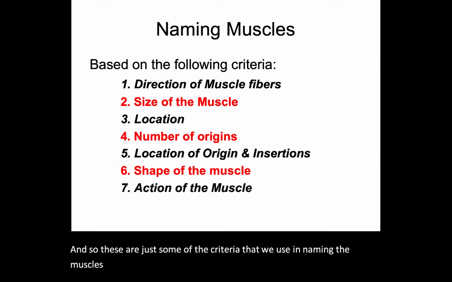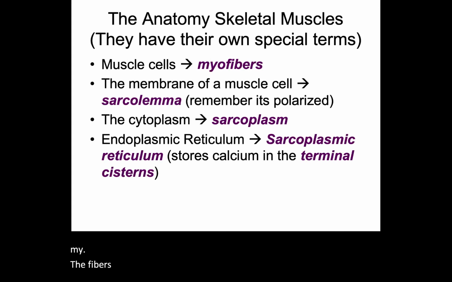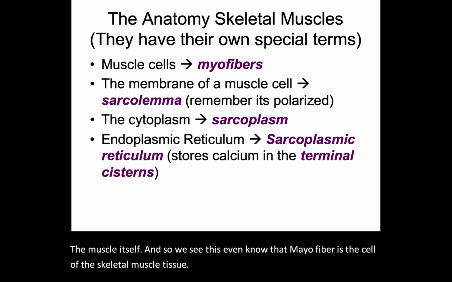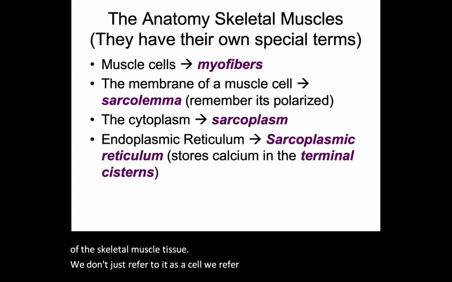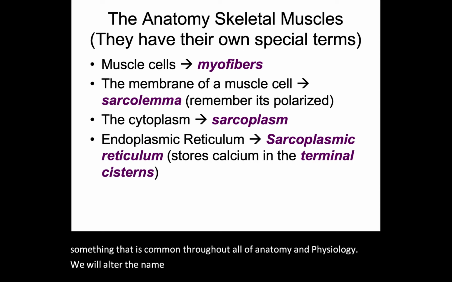Now, we've talked about the fact that in skeletal muscle tissue, we've got these things called myofibers. And these myofibers run the length of the muscle itself. Even though the myofiber is the cell of the skeletal muscle tissue, we don't just refer to it as a cell, we refer to it as a myofiber. And this is something that is common throughout all of anatomy and physiology. We will alter the name of something to match its location.